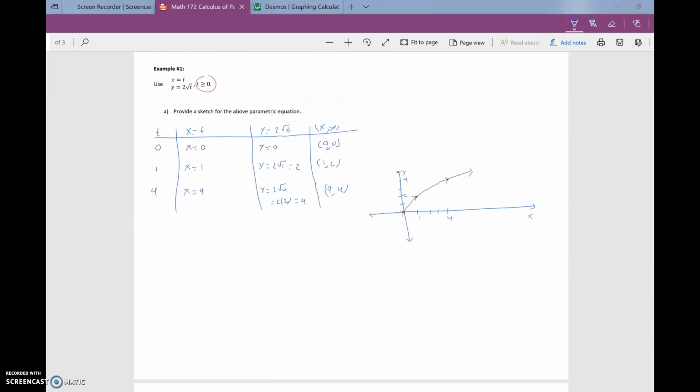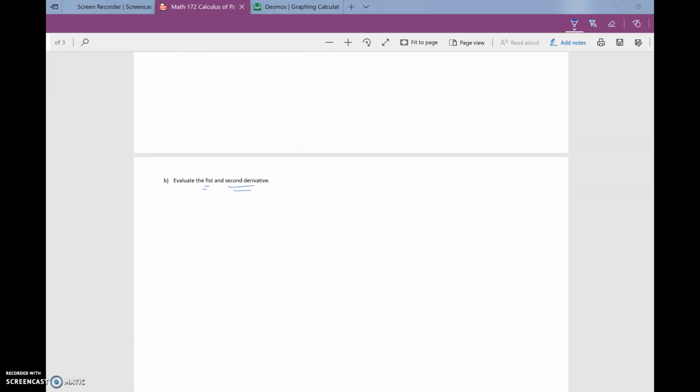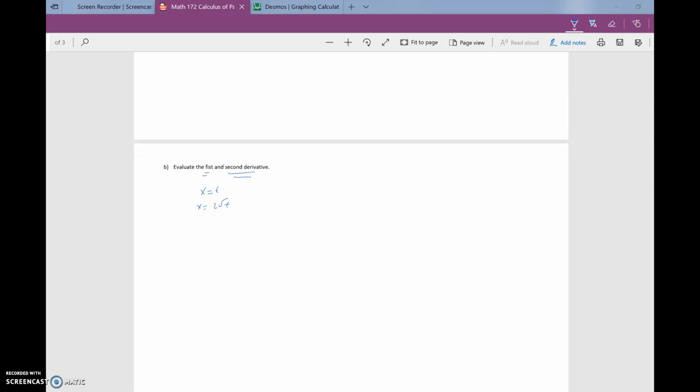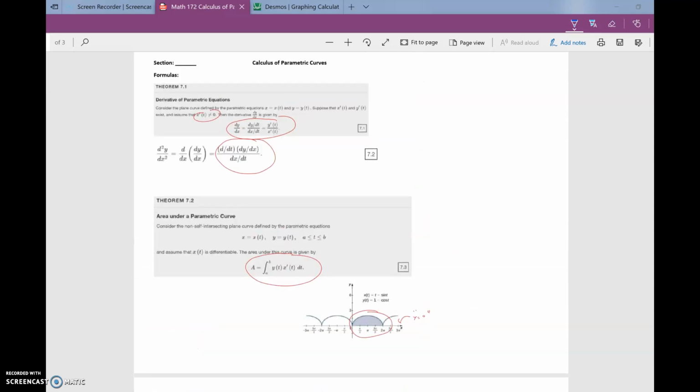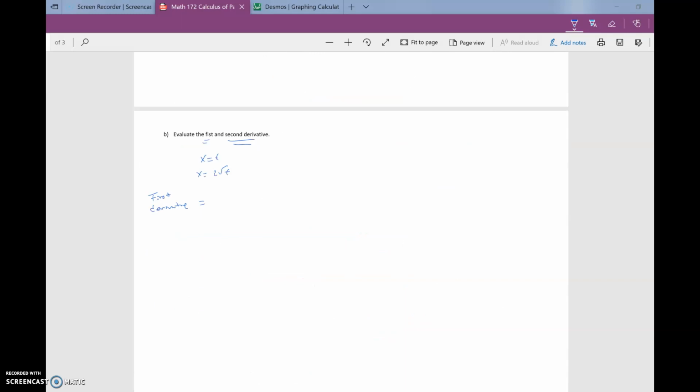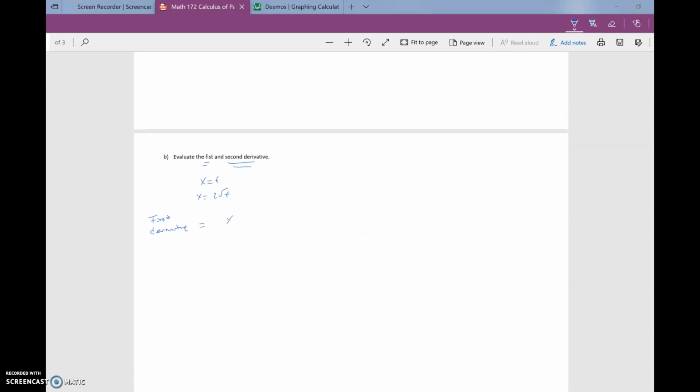Okay, so let's evaluate the first and the second derivative for this function. Let me rewrite the problem. We're looking at the function x is equal to t, y is equal to 2 square root of t. And the first derivative is defined as y prime of t over x prime of t, assuming that x prime is not equal to 0.